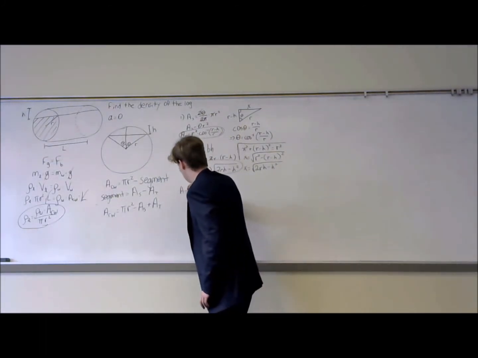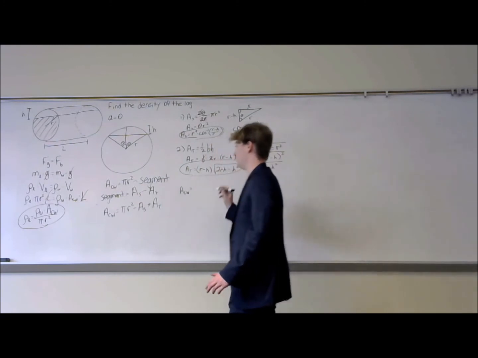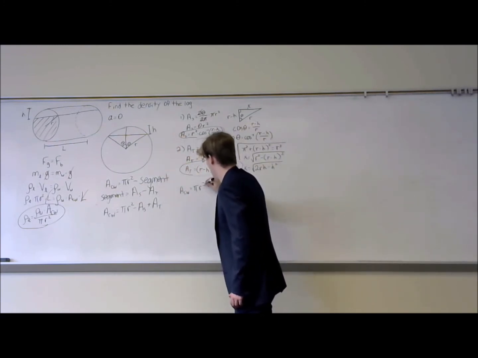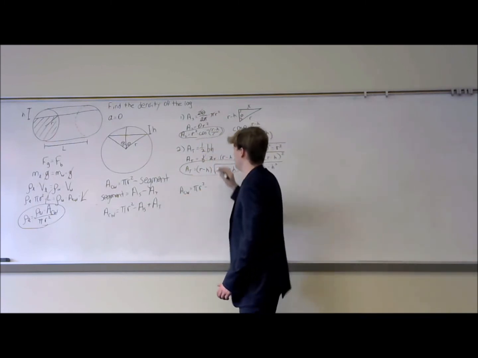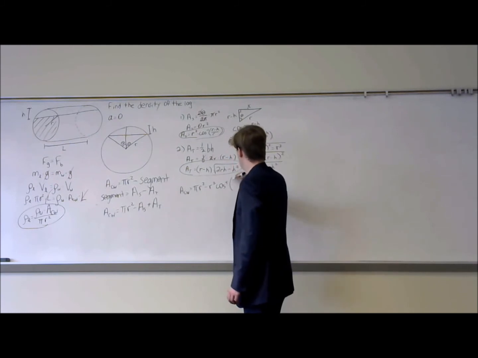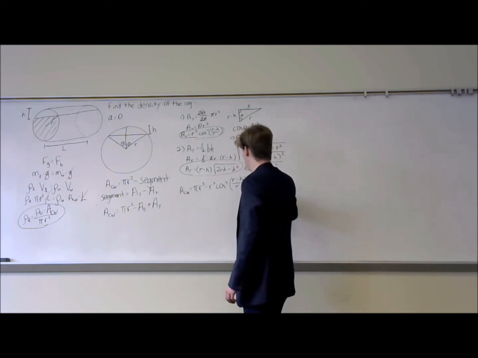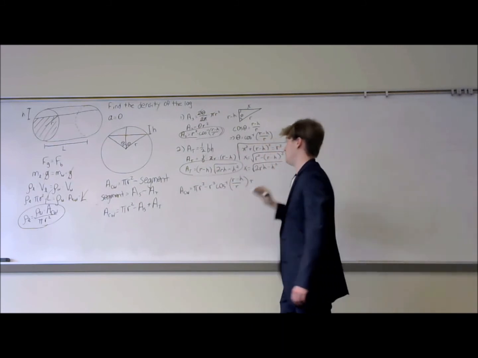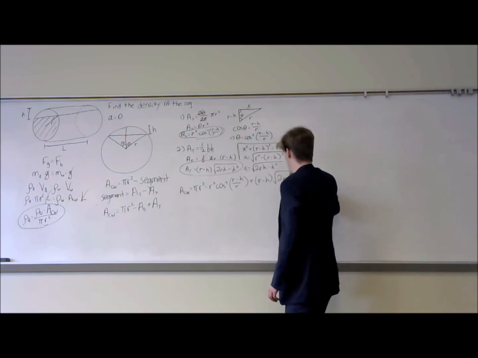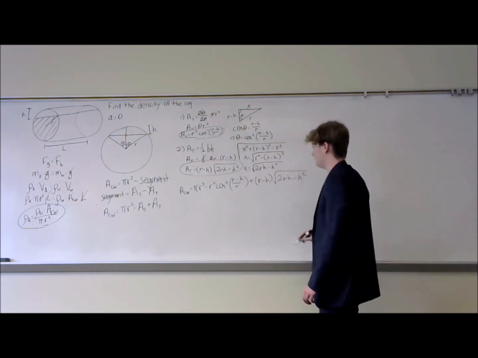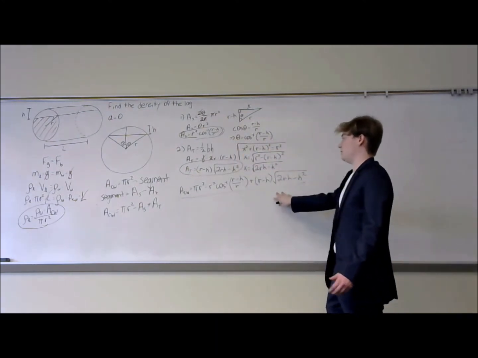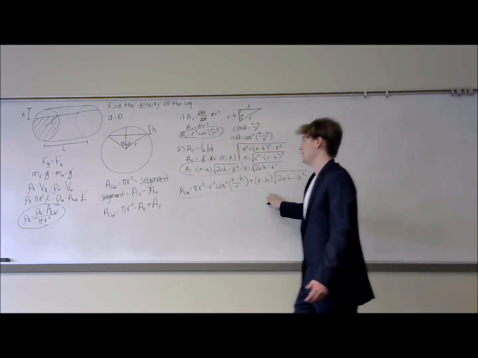So A, CW, cross-sectional area of the water, equals the entire area of the circle, pi r squared, minus the area of the sector, so r squared inverse cosine minus 1 of r minus h over r, plus the area of the triangle, r minus h, square root of 2rh minus h squared. Just like that.